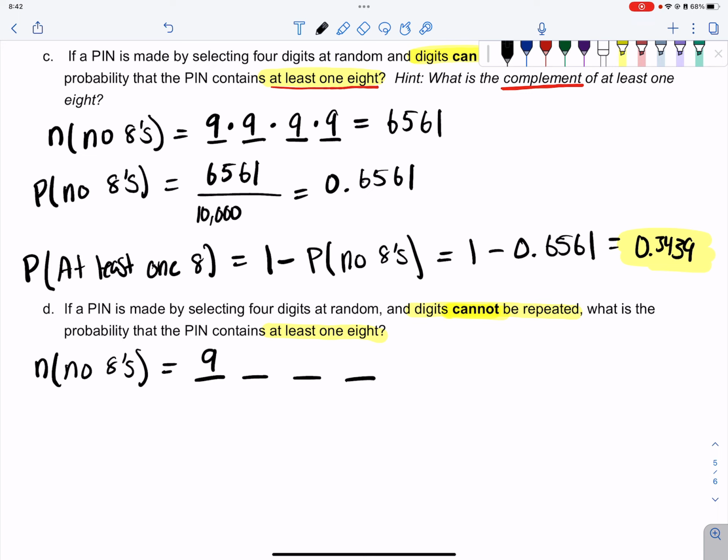And now our digits cannot be repeated, so we're going to go down by 1 for each of these blanks. So 8, 7, and 6. And now we can multiply those together to give us 3,024 pin numbers that do not contain an 8, and there is also no repetition with these.